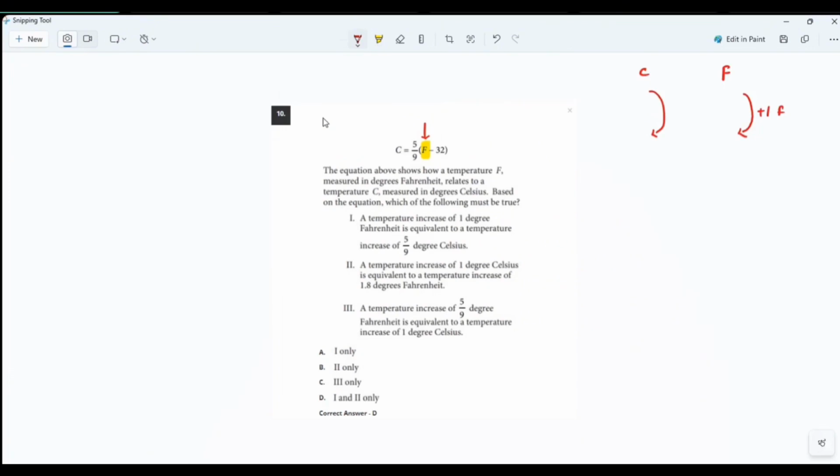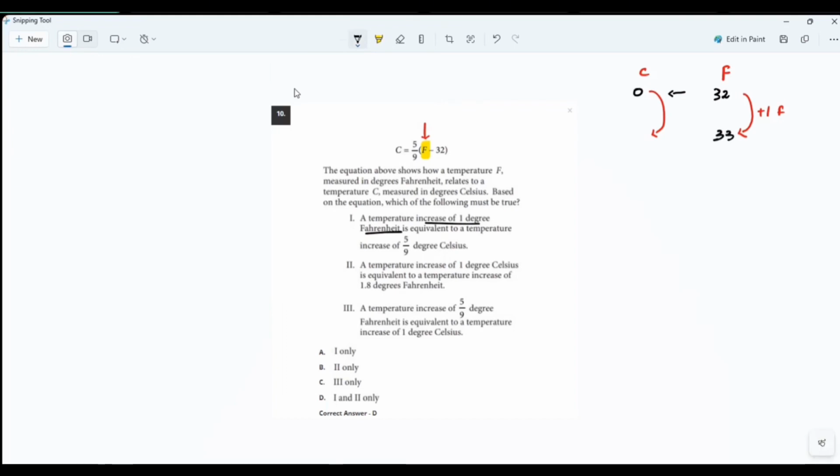Since there is F minus 32, I'm going to start off with 32 for F. If I substitute F equals 32, 32 minus 32 is 0. 0 times 5/9 is 0, which means my Celsius would be 0. Correct? Now try changing it by an increase of 1 degree Fahrenheit, which means I'm going to substitute 33 now.